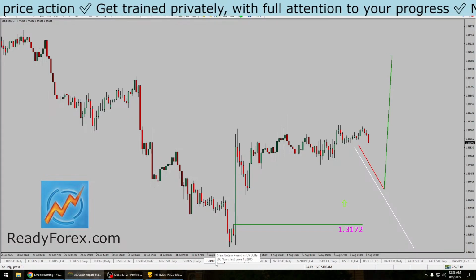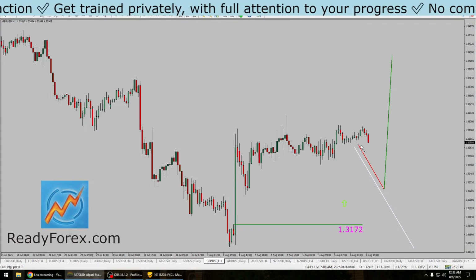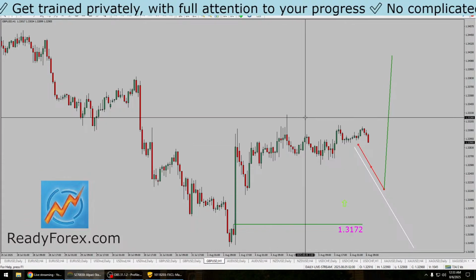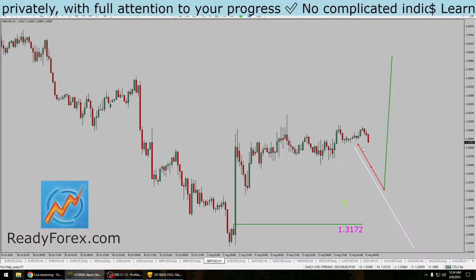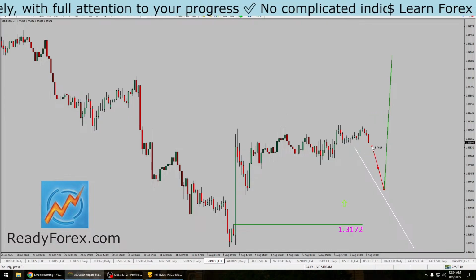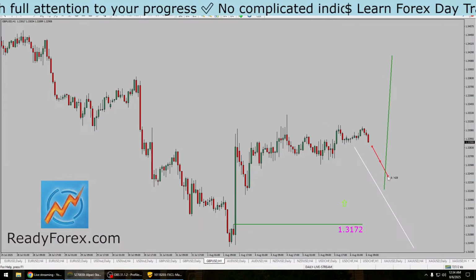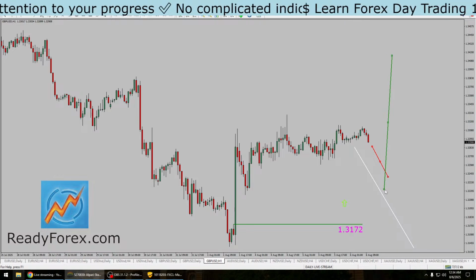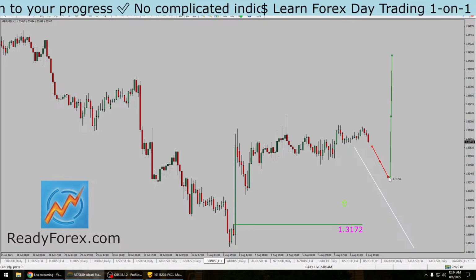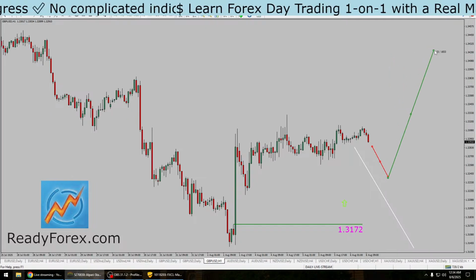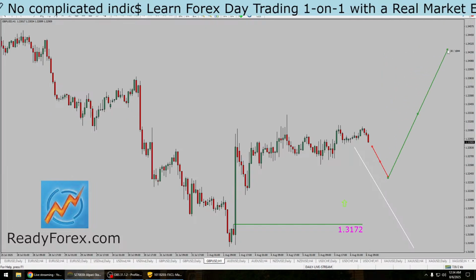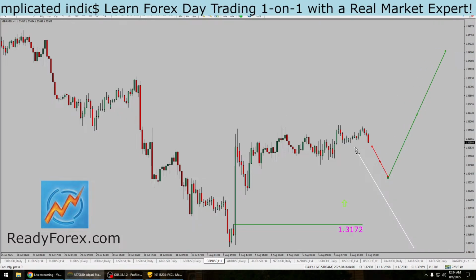Next one is the 1-hour time frame. So far it's just going sideways. The GBPUSD currency pair is moving sideways, and I think we might get into some sort of a bullish trade setup in the GBPUSD currency pair later today, because so far it's going nowhere, just sideways price action.